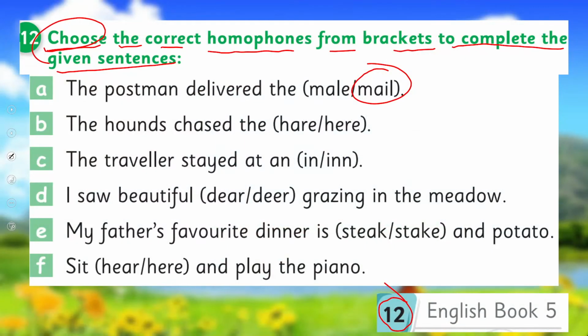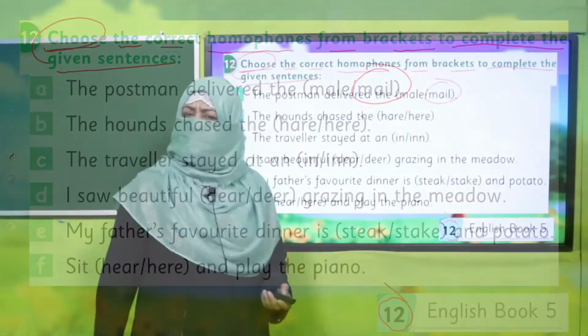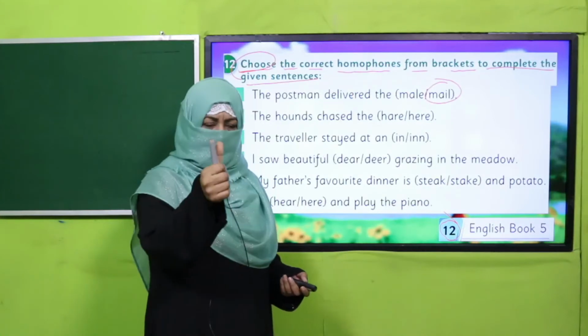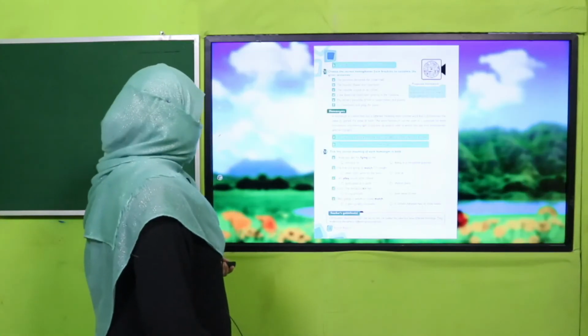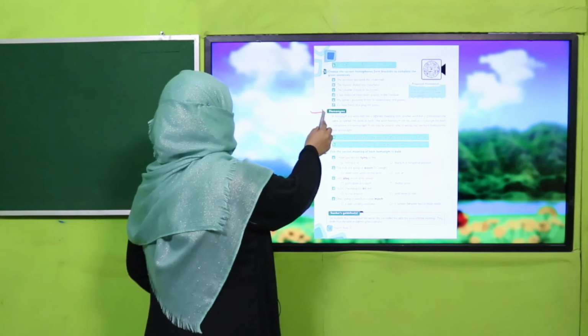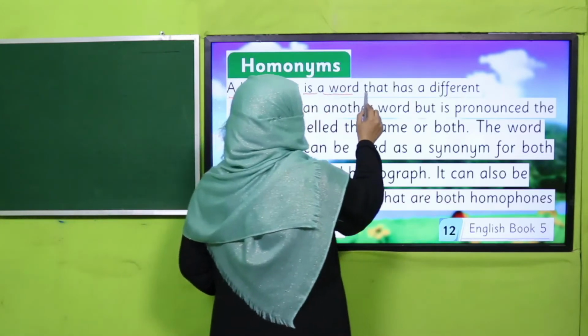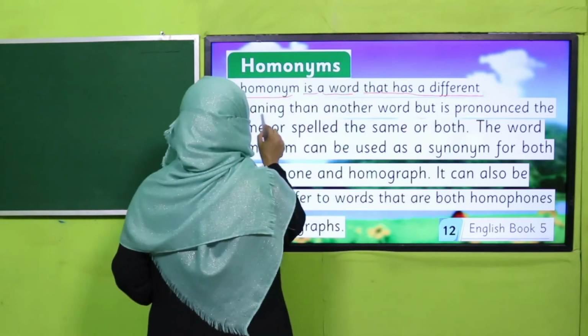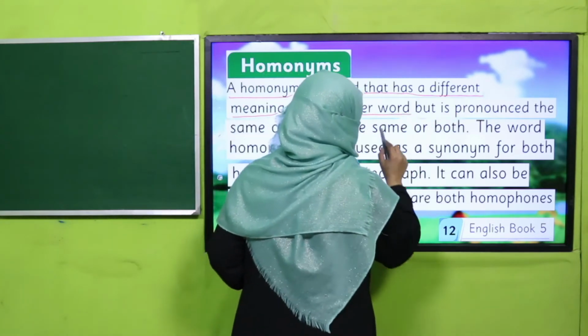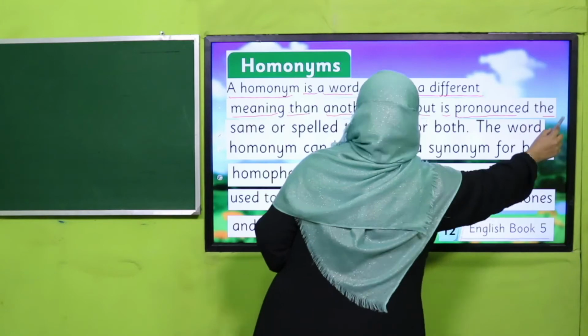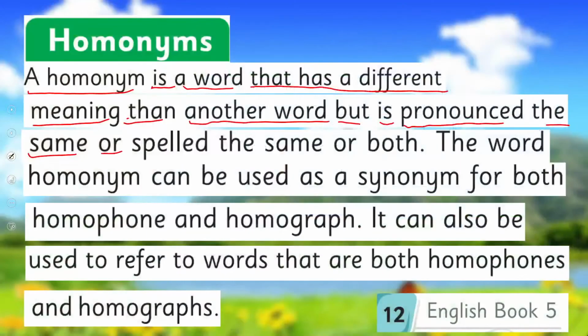Yes, my dear children, are we done with it? Good job. So next is homonyms on page number 12 again. A homonym is a word that has a different meaning than another word, but is pronounced the same or spelled the same or both.